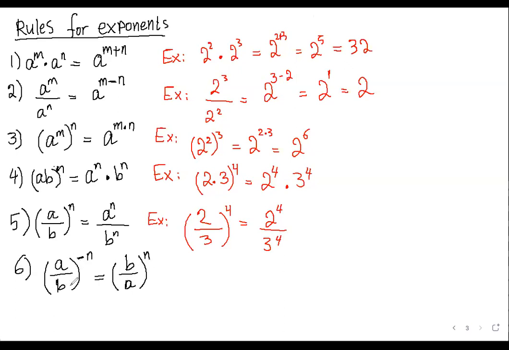We flip inside the parentheses. Okay. Example. If I have 2 over 3 to the power minus 2, this is exactly like 3 over 2 to the power 2, positive.